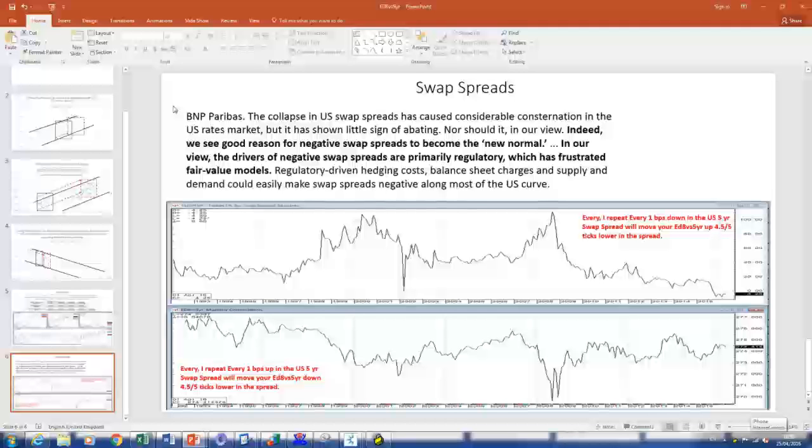In BNP Paribas' view, the drivers of negative swap spreads are primarily regulatory, which are frustrating fair value models. So regulatory driven hedging costs, balance sheet charges, supply and demand. They believe, and a lot of the market believes, because these swap spreads haven't moved, that they're going to remain negative for a very long period of time. Now, how does that impact you?